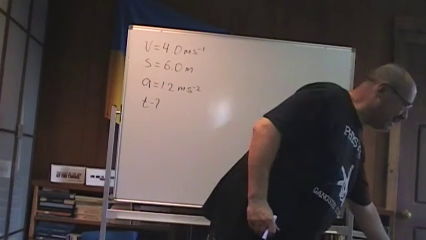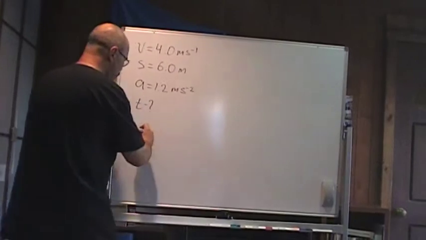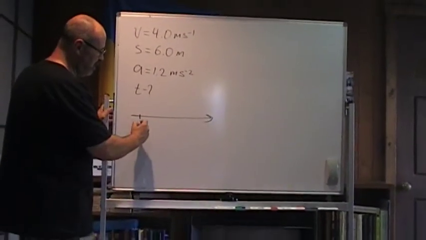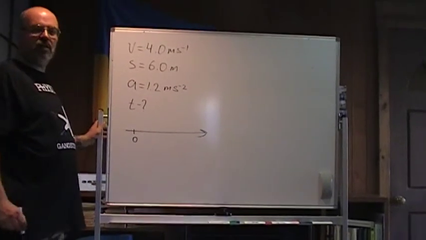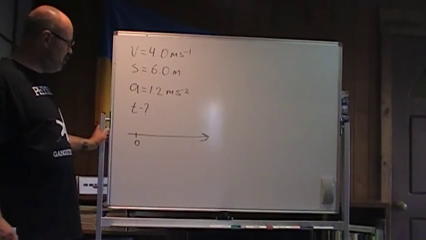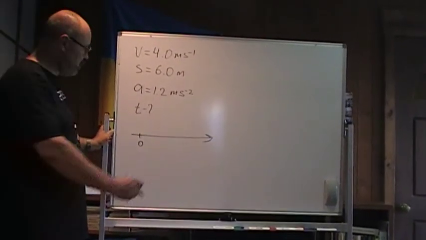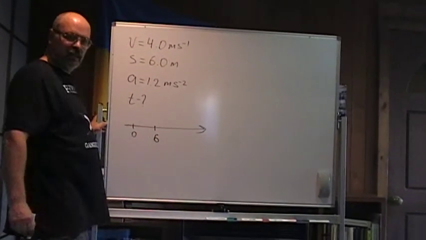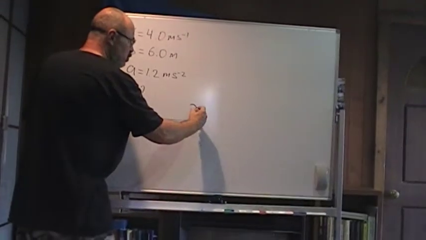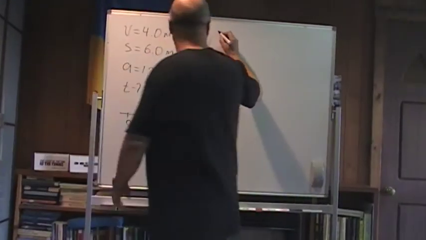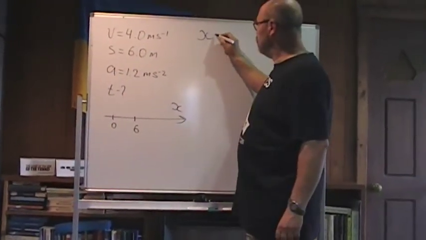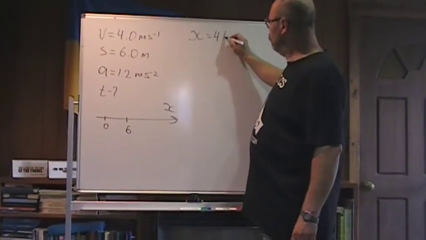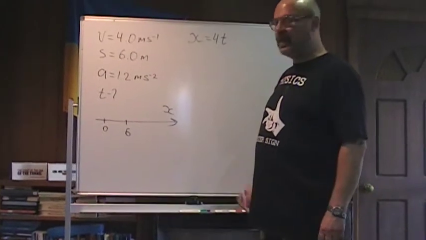So, to solve this problem, let's take 0 where the man was initially. So the position of the bus will be 6 meters. The equation of motion of the man will be x equals, he's moving at constant speed, so just 4 times t.